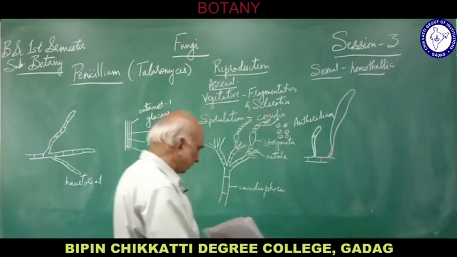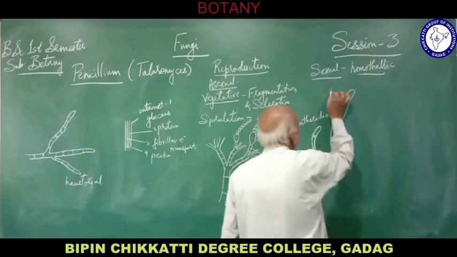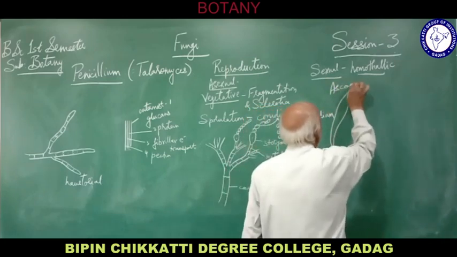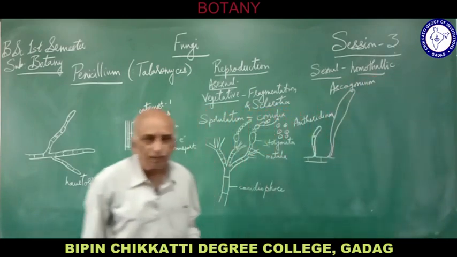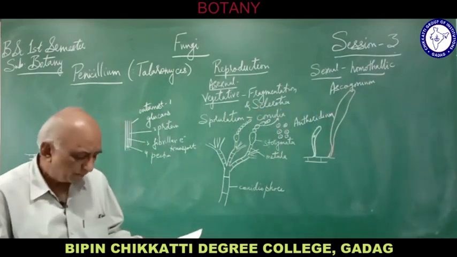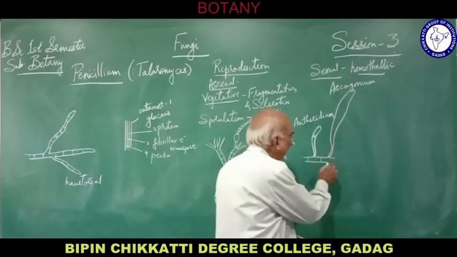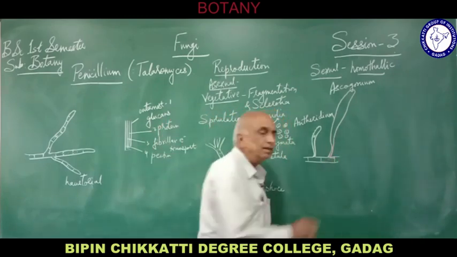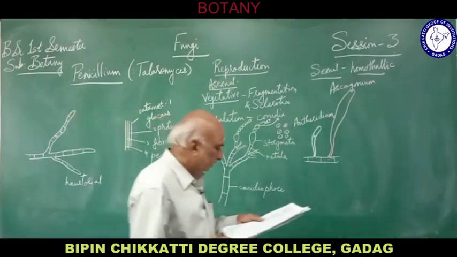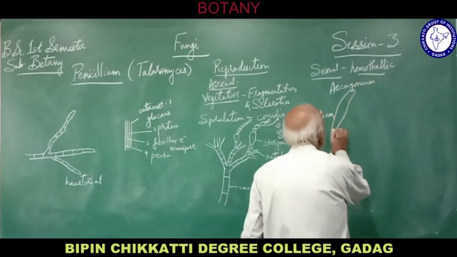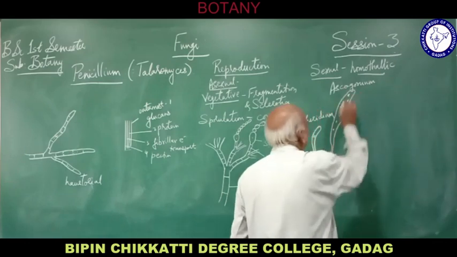This is the ascogonium. The ascogonium is also septate. It has a septate hypha, and this is very long, and it is multinucleate. So there are many nuclei in the ascogonium like this.